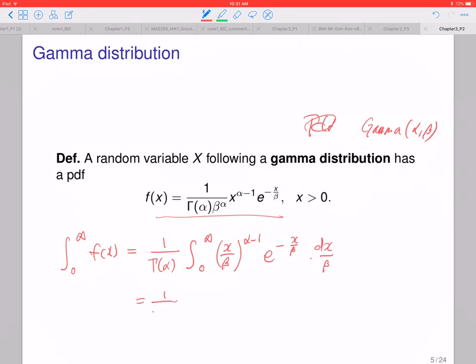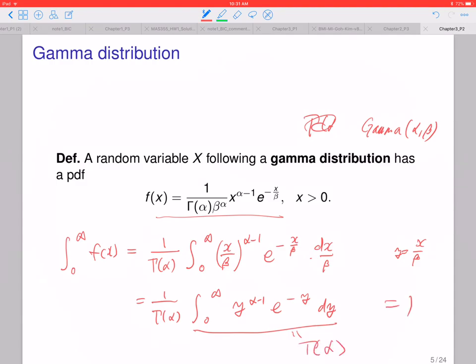If you change the variable to y equals beta x, then this is the same thing: y^(alpha minus 1) e^(minus y) dy divided by gamma(alpha). That is the gamma function, so it gives 1, and that is a well-defined PDF.